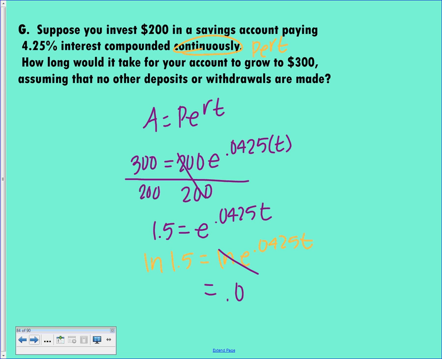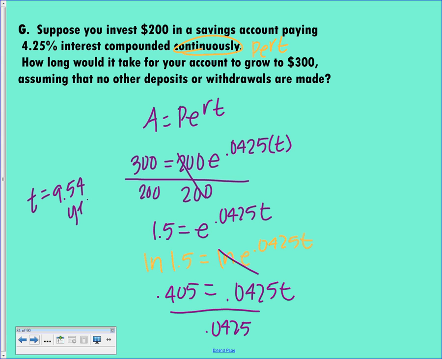So on the right side, I get 0.0425t. ln of 1.5 in my calculator is 0.405. Then I just divide by 0.0425. So t should equal 9.54 years.